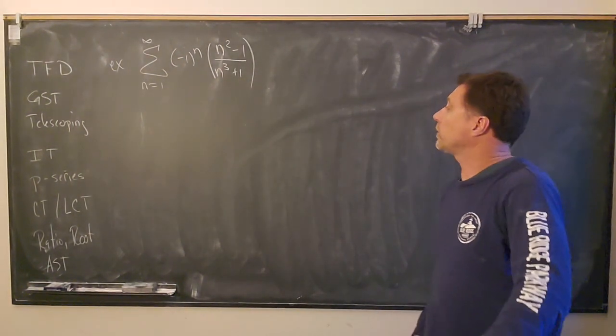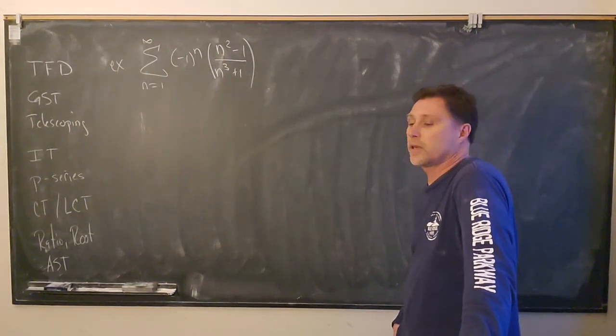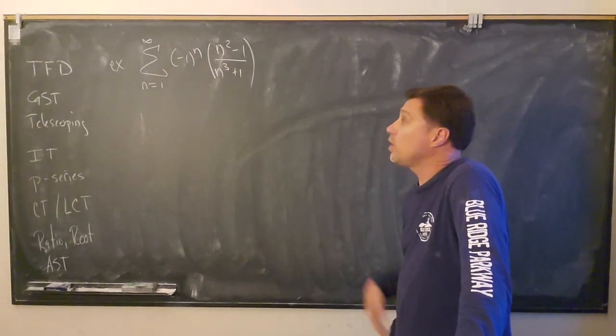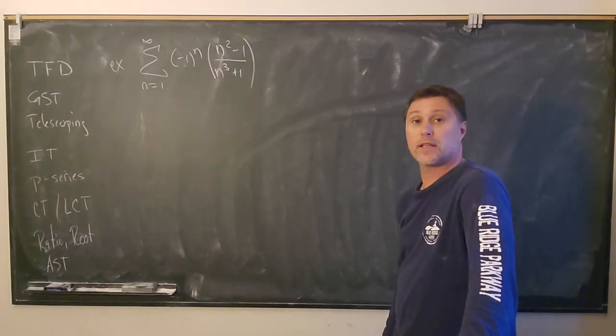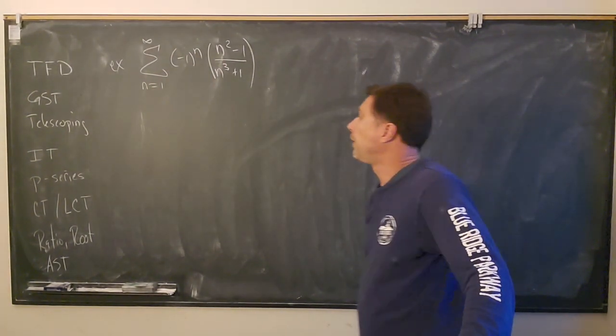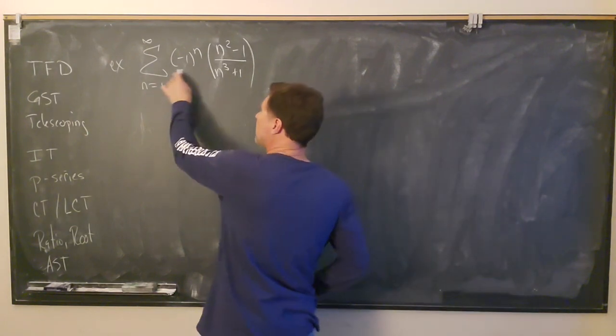All right, when we look at this one, you should say, that's an alternating series. And you should also be able to see from this that this is going to converge by the alternating series test. All right, that tells you it's alternating.